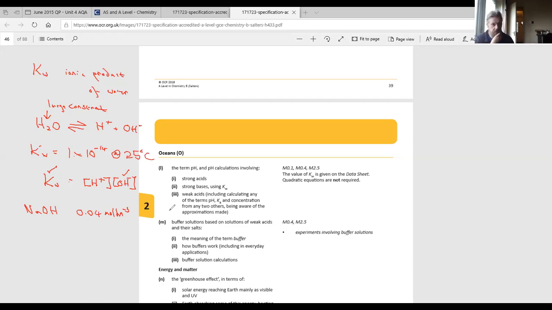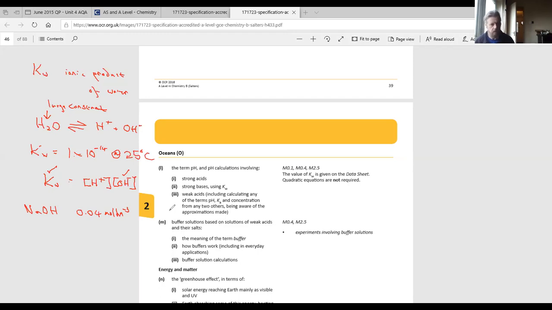So if I was going to work this out now, would I literally just put that number in and that number? It'd just be Kw over the OH minus, which is just 0.04, because it's only a monohydroxide. Can you work that out? We should get a high pH.